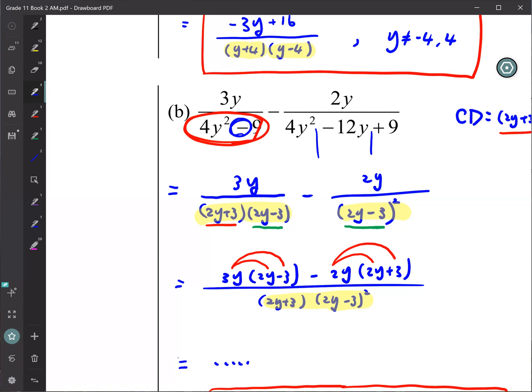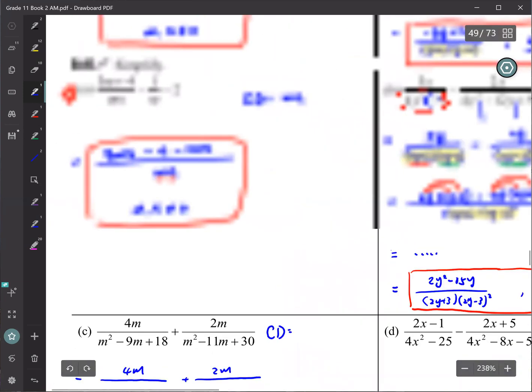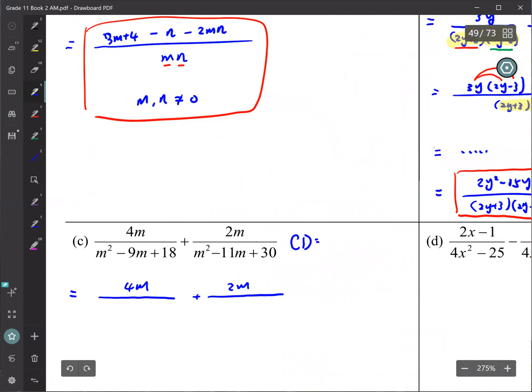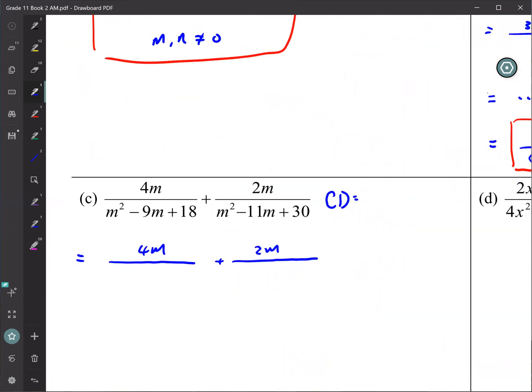The first one. So Nathan, do you know how to cross multiply? Nathan, yeah. Can you keep your mic on? Okay. Have you factored the first denominator?